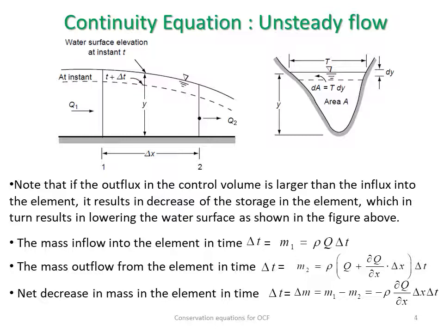Now the net decrease in mass in the element during time t, that is the rate of change of the storage of mass inside the element during this time, is equal to delta m, that is given by m1 minus m2, which equals minus rho del q by del x into delta x into delta t.